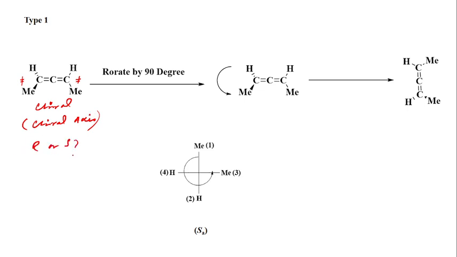Next fundamental point: there are many methods for assigning R and S, and some are tricky. You have to look along the axis, close your eyes, and remember which group is on your right side or left side, and so on. It takes imagination and some strain on your mind. But here I am showing one method that is very much easier.